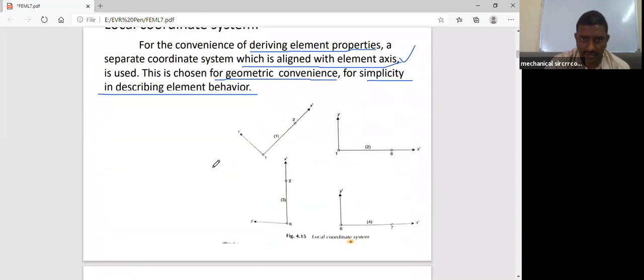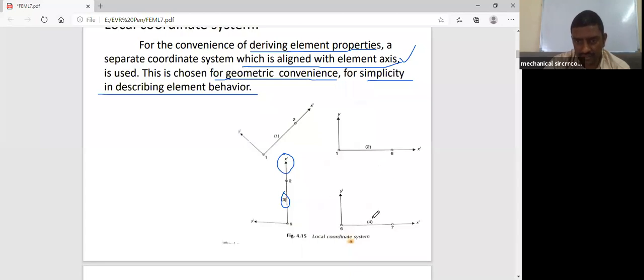When we consider this element 3 individually, x dash and y dash is the local coordinate system. This system describes the properties of element 3 and any behavior of this element, which can be defined in reference to this local coordinate system.